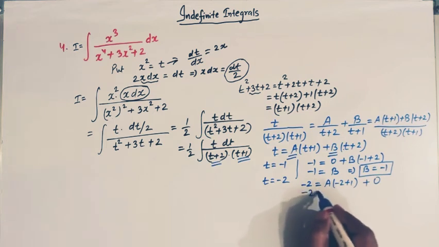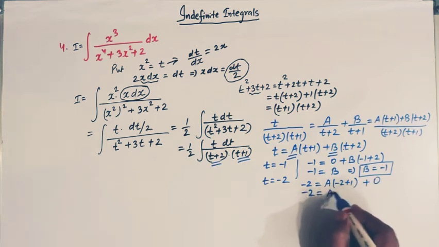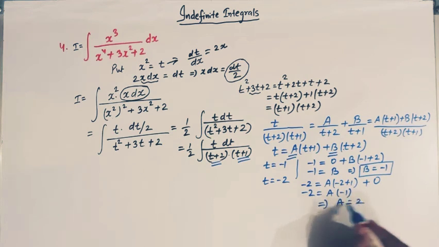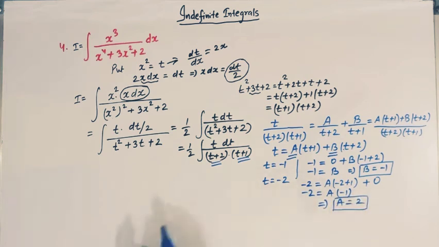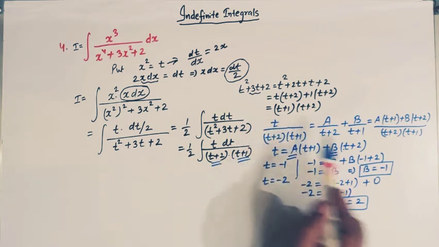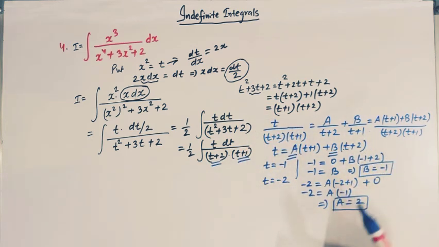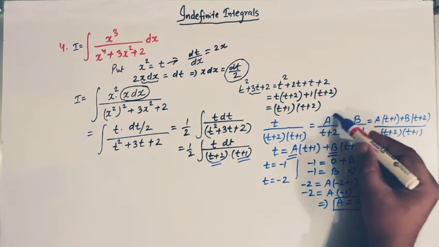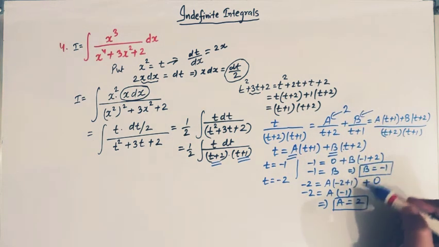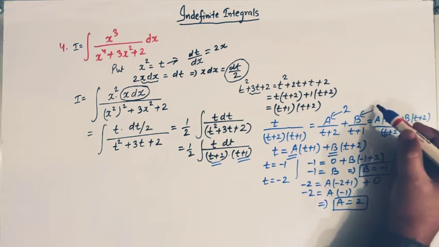So minus 2 is equal to a times minus 1, so this implies a is equal to 2, right? So we have resolved this rational function into partial fractions, and the value of a is 2 and the value of b is minus 1.